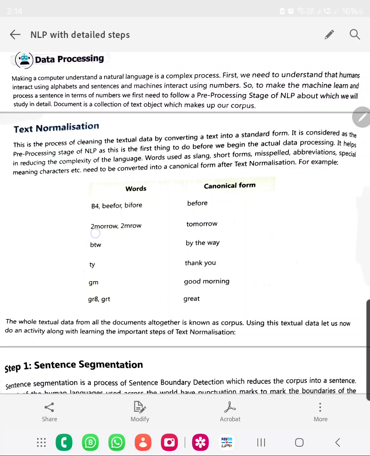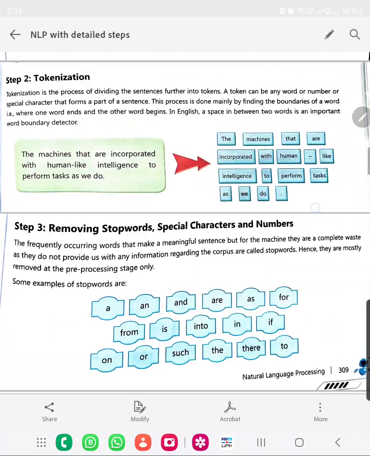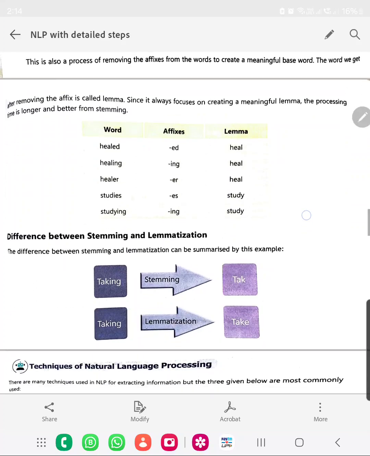For example, some people write tomorrow in a short form, so we convert it into its actual standard form, which is called the canonical form. Similarly, the short form BTW means by the way. So we convert things into the real form. That's known as text normalization. Am I clear? So the first step for bag of words is text normalization.